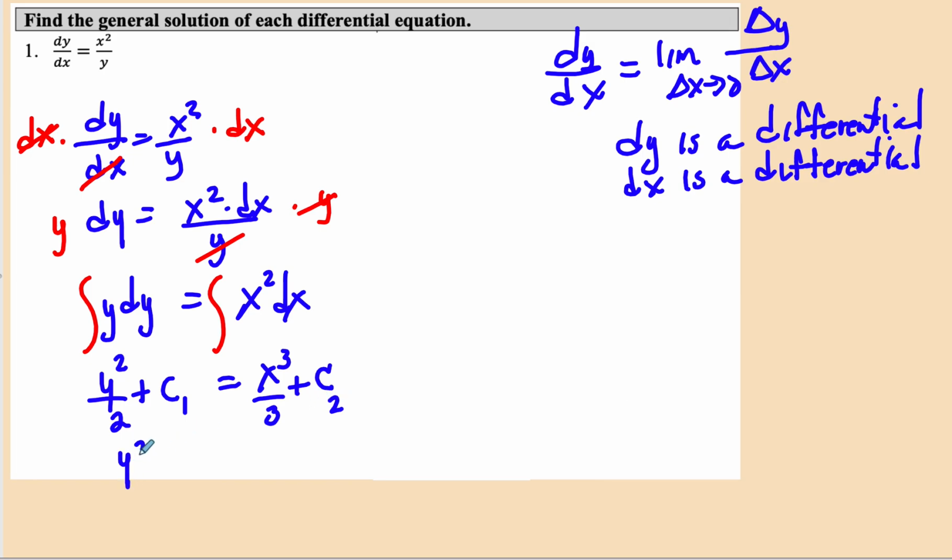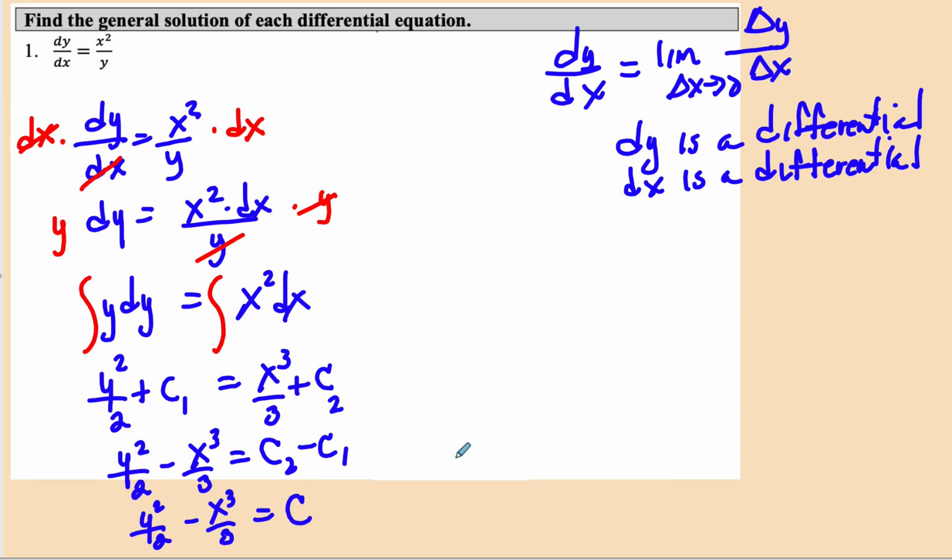This will be y squared over 2 minus x cubed over 3, and then I'm going to subtract the constant here. So this will be c2 take away c1. All right, and these are constants. So in the end, they really are just constants. So y squared over 2 minus x cubed over 3 equals c. We can just say c. We don't have to worry about the subscripts.